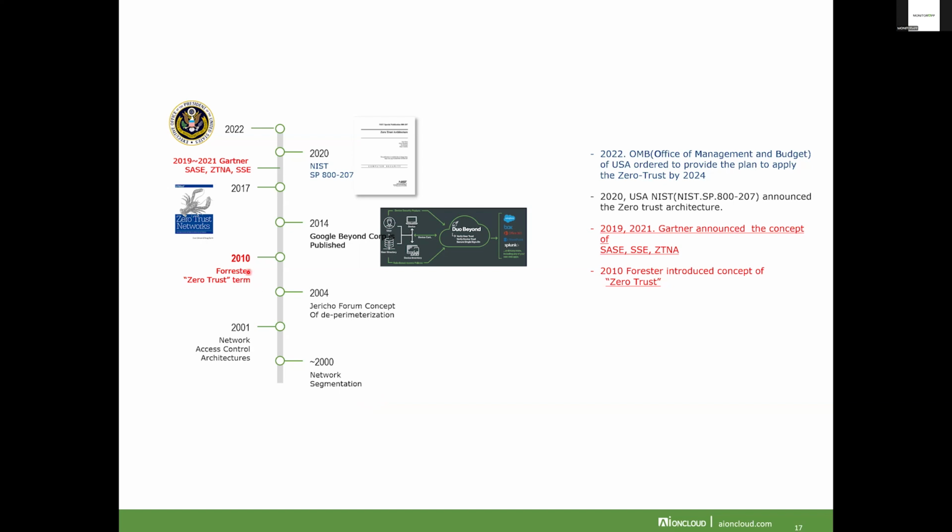As you can see here, Gartner announced the concept between 2019 and 2021, and NIST announced the architecture in 2020. And most notably, the US government has decided to implement this architecture just because of how effective it is in mitigating threats.